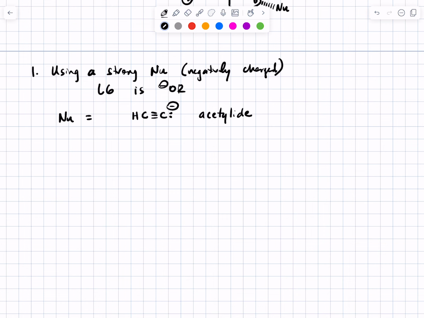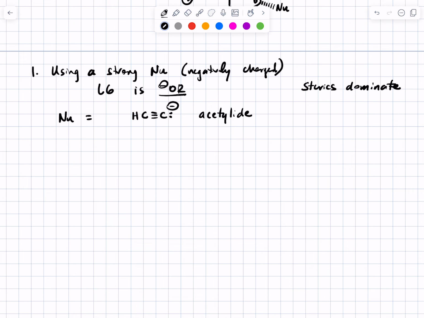If we use a strong nucleophile under negatively charged conditions when OR minus is the leaving group, the biggest concern is sterics dominate. You've learned before that for SN2 reactions, they're fast at primary alkyl halides, fast for primary leaving groups, slower for secondary, and they're not possible for tertiary.